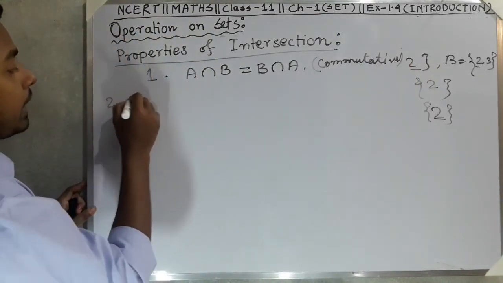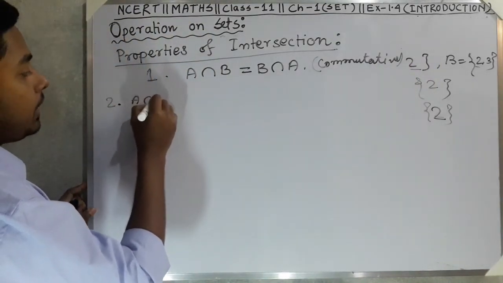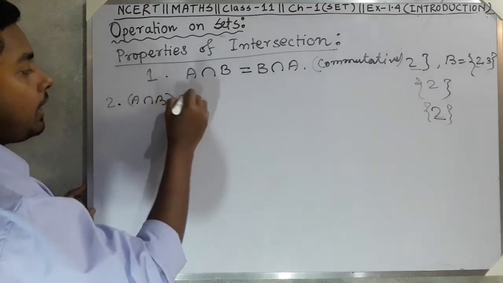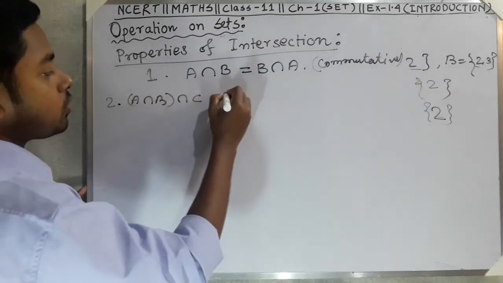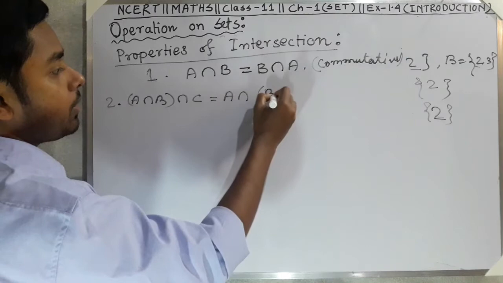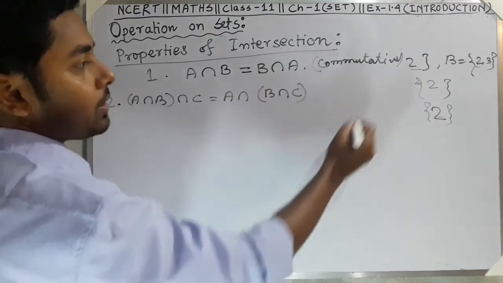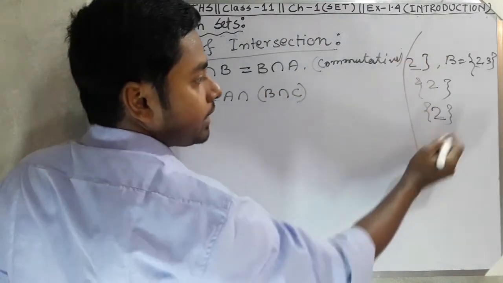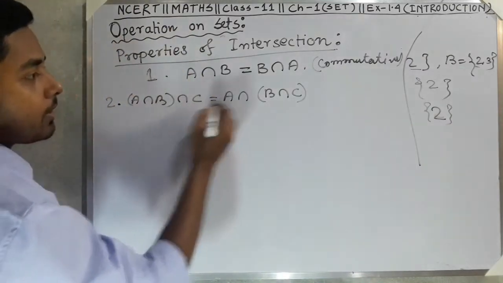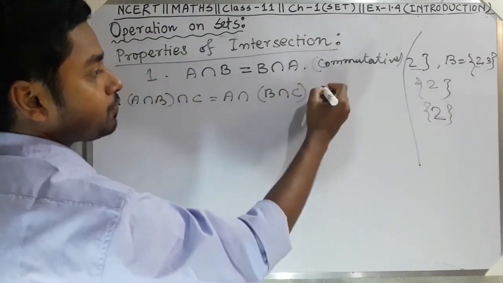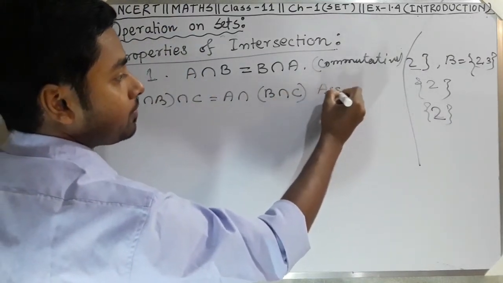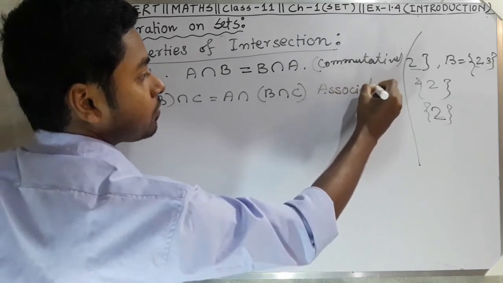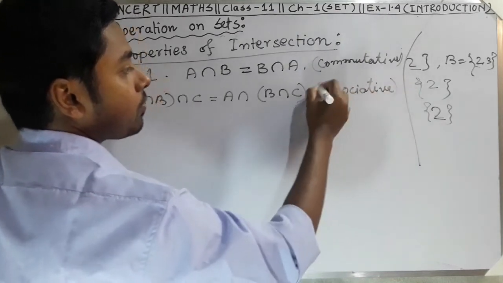Number 2, associative. A intersection B intersection C is equal to A intersection B intersection C. Same way as I have given the example, you have to check this property also. This is called associative.